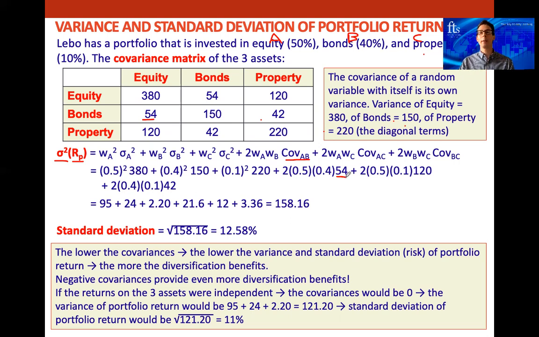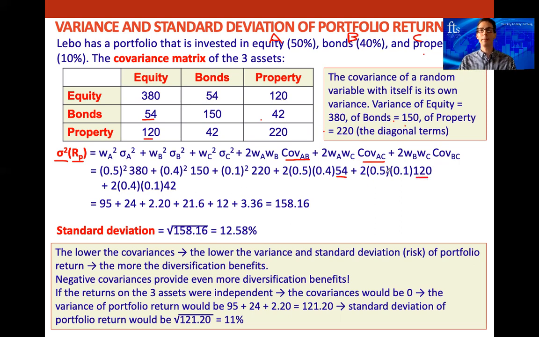And now we're going to do the same for A and C, which is between equity and property. The weight in equity is 50%, the weight in property is 10%. We're going to multiply that by the covariance between equity and property. Where do equity and property meet up? 120. Or we could look at that one over there, 120. So we multiply that by the 120.